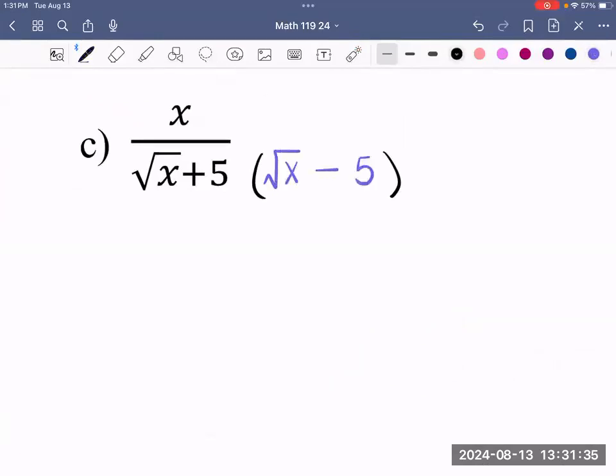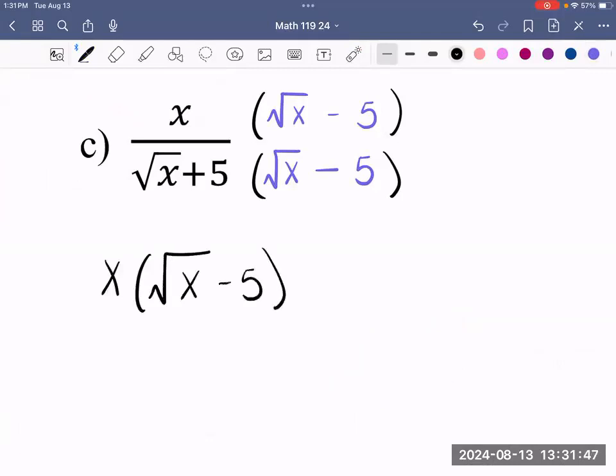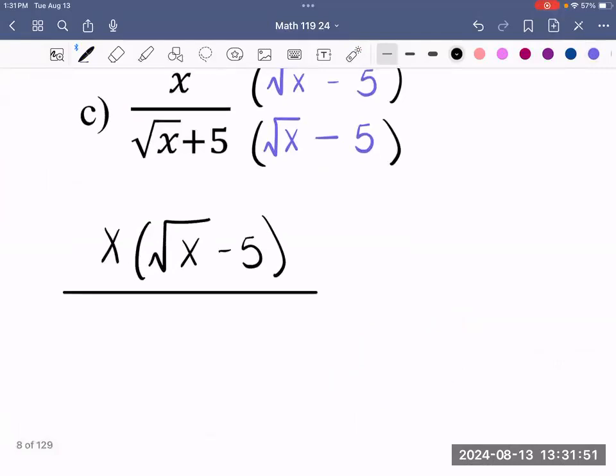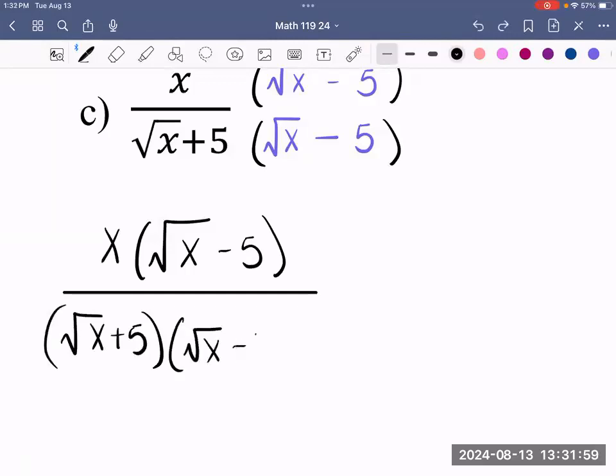What you do to one, you do to the other. Square root of x minus 5. So then you have x times the square root of x minus 5 above. And below, on the bottom with foiling practice, we have the square root of x plus 5 times the square root of x minus 5.